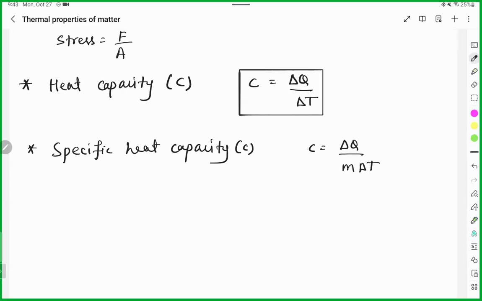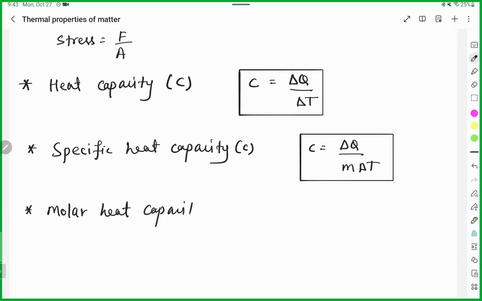The amount of heat required to raise temperature for 1 unit of mass.